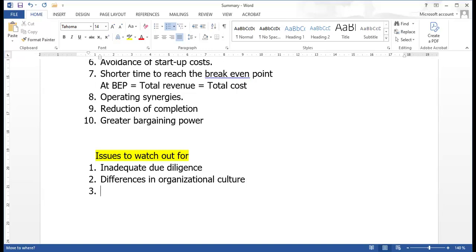What else can we put? Integrating systems. If it is through acquisitions, we have different accounting systems, different reservation systems, reporting procedures, internal controls, all those may be different.